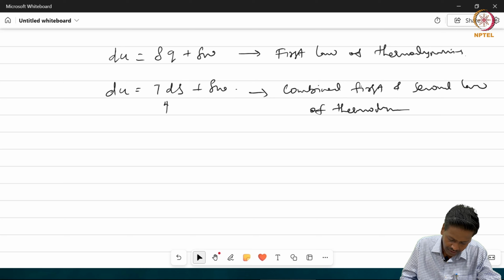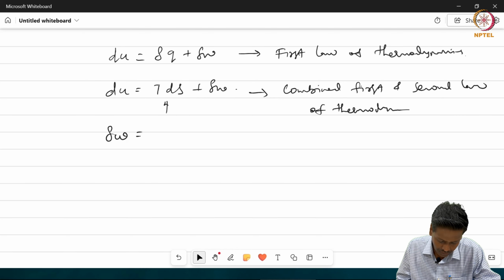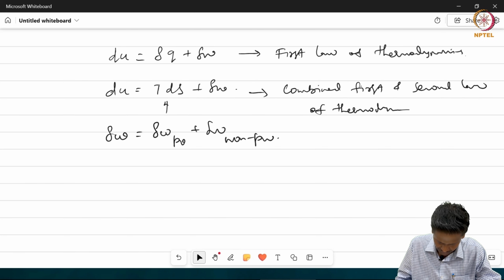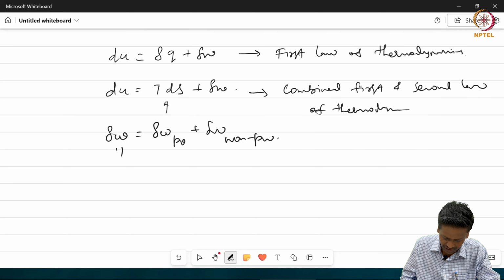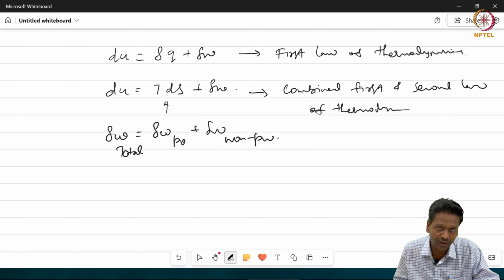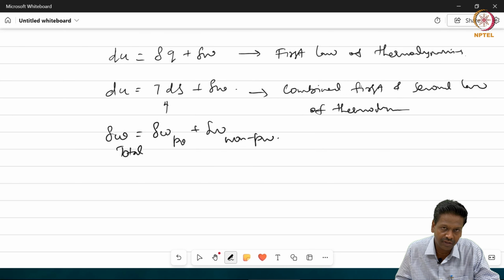Now, δW in this case is δW of PV plus δW of non-PV work. We have two kinds of work: work associated with the PV term, and work associated with the non-PV term.